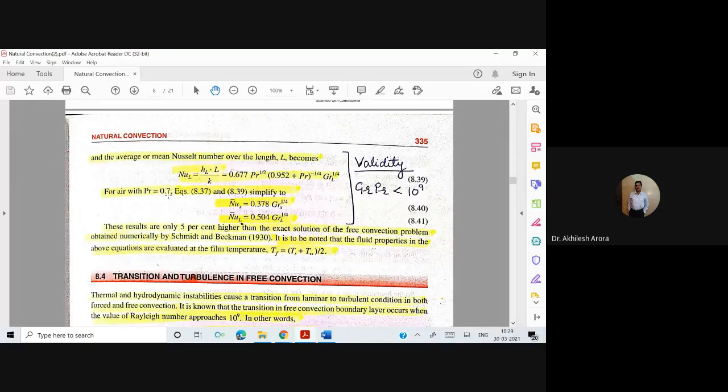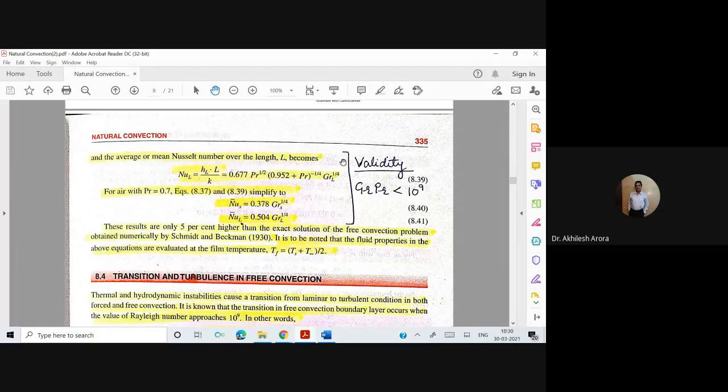So air has a Prandtl number of 0.7. Then this equation simplifies to this: the local Nusselt number is equal to 0.378 times the local Grashof number to power 1 by 4, and the average Nusselt number will be equal to 0.504 Grashof number raised to power 1 by 4.